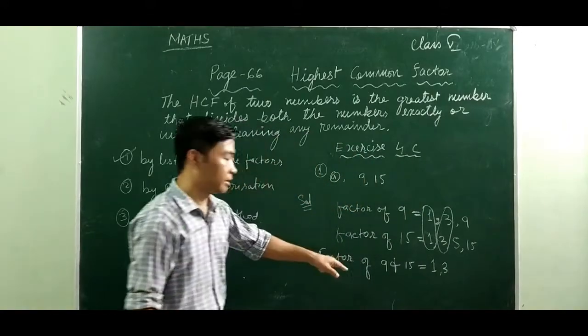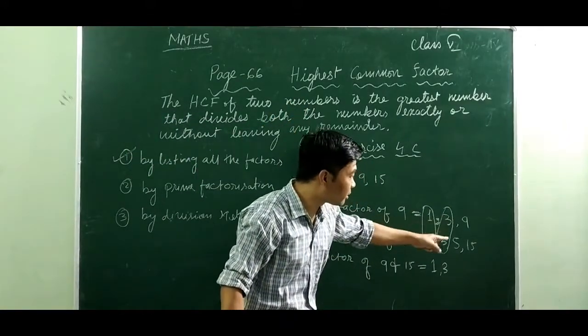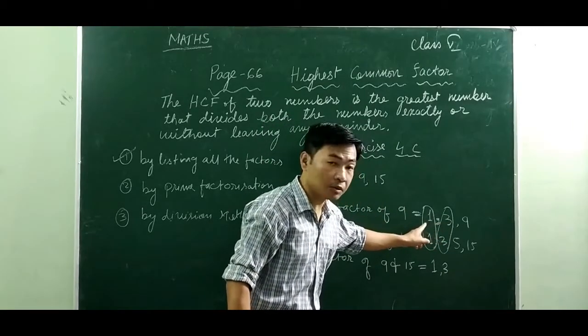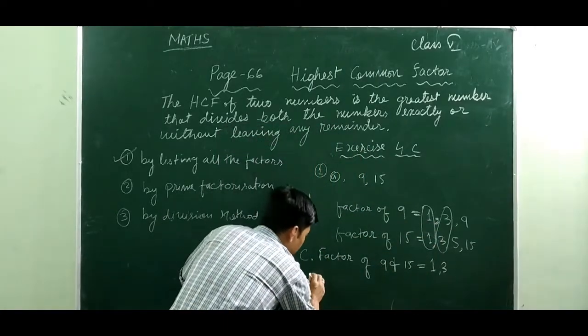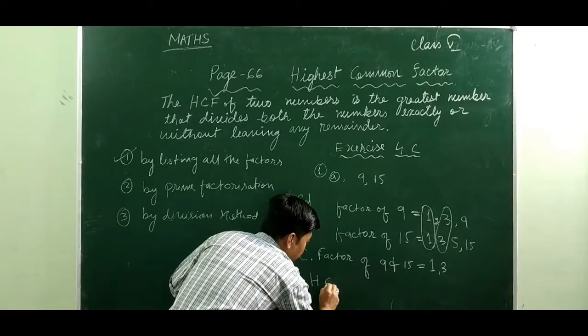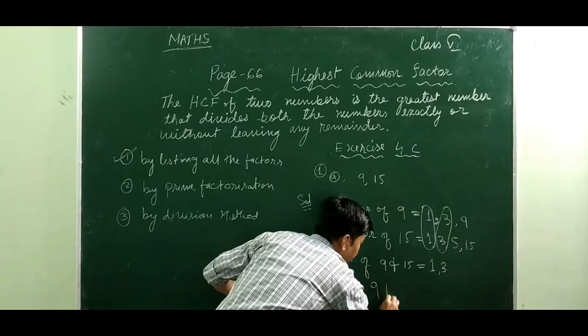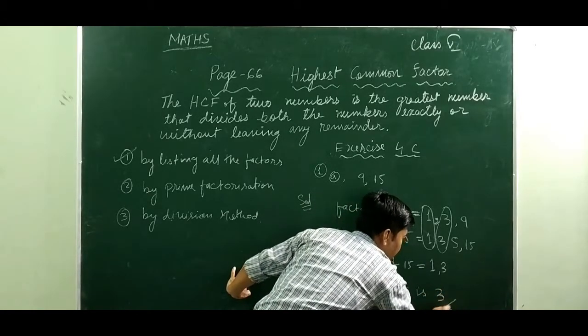Now, the highest common factor means, among all these factors, which is the highest common one. 1 and 3 are common, and between 3 and 1, 3 is the greater number, right? Therefore, the HCF, the highest common factor, of 9 and 15 is 3.